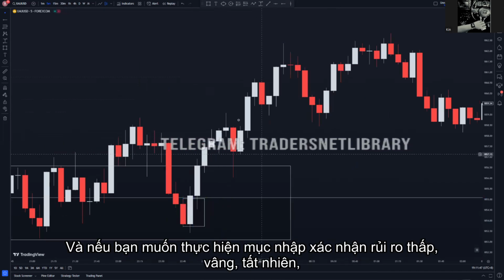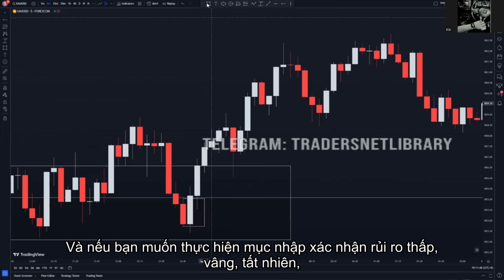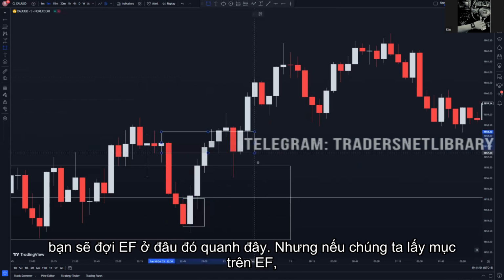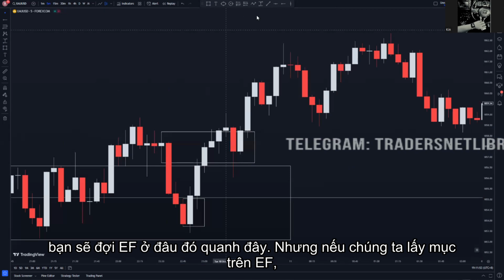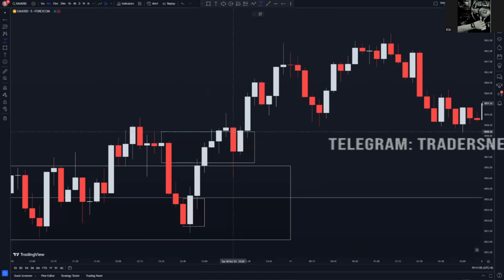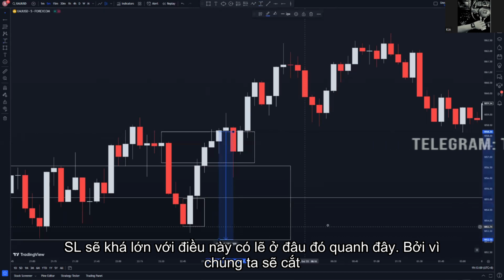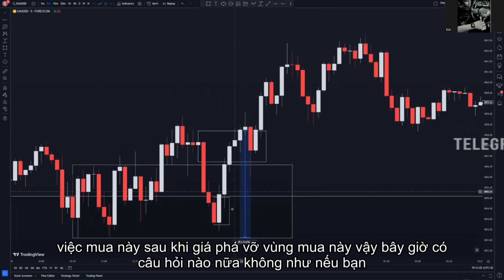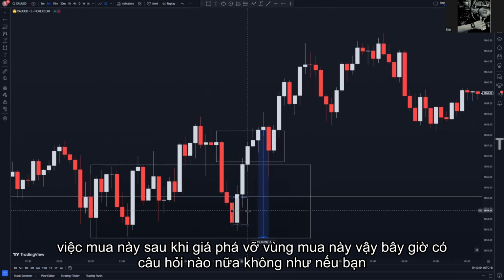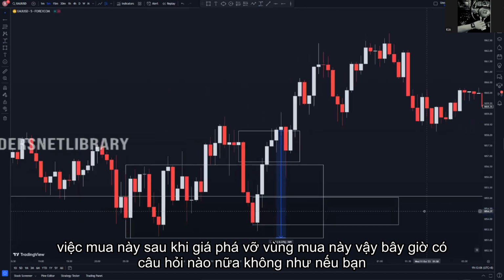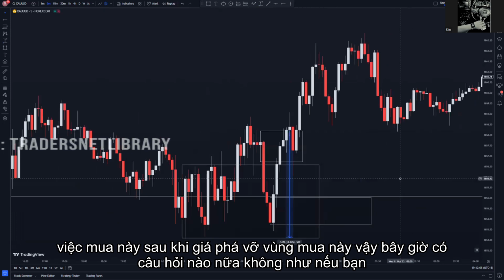And if you want to take the low risk confirmation entry, of course, you're going to wait for EF somewhere around here. But if we take the entry on EF, the SL is going to be quite big, which is maybe somewhere around here. Because we're going to cut this buy after the price breaks this buy zone. So is there any question more?